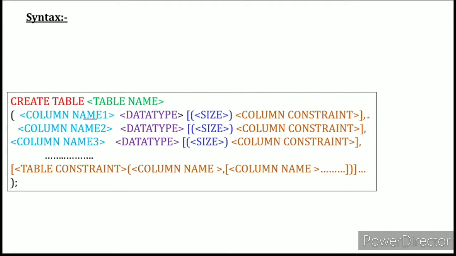After that, put a comma operator, then define the name of the second column, its data type, its size and column constraint. Again put the comma operator and so on. And lastly, we have to define the table constraint and the names of the columns on which we want to apply the table constraint condition.